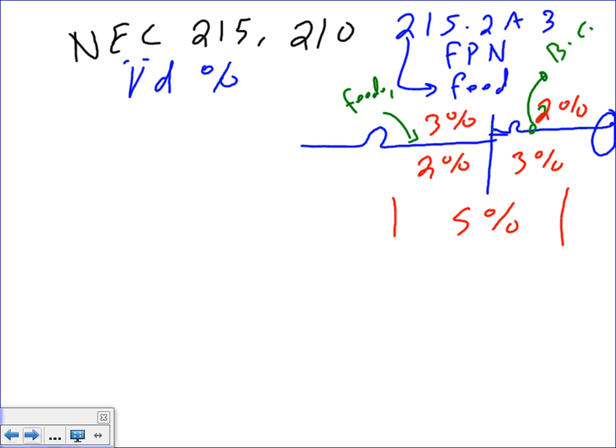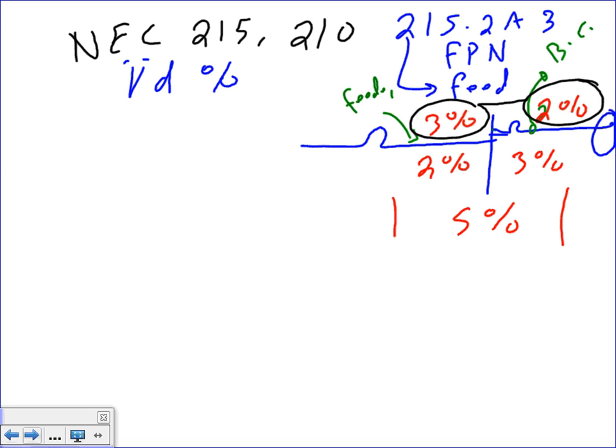These engineers that I know, they go by this combo. So we take 3% on feeders and 2% on branch circuits. Okay, everybody know where we got that from the code? 3, 2. Most engineers take 3 on feeders, 2 on branch circuits. Why do you guys think 3, 2? Because what's the furthest usually? The feeders. Branch circuits are distance-wise closer. So you can do 2, 3 though, but 3, 2.